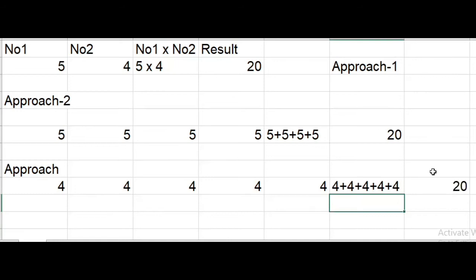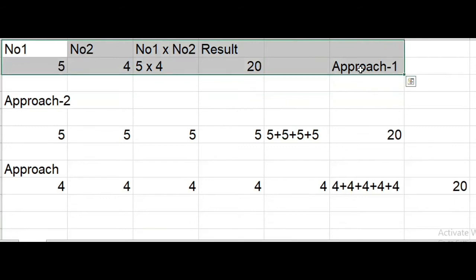So for a given task there can be multiple approaches, and it is the programmer's or software engineer's duty to select the most suitable or the most efficient way to solve that given problem. So we know that the first is the best approach, because it is going to solve this problem faster than these two methods.